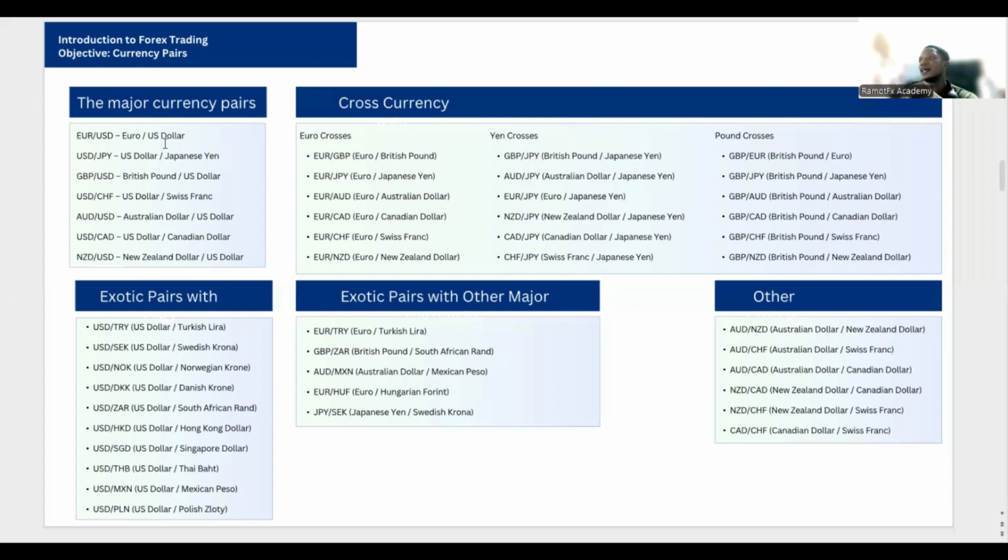The exotic pairs are very, very volatile. Any small news will make them boom, or when you open them, the ask price that your broker is asking will be very, very wide. So I don't encourage you to go into exotic pairs. The ones I want you to go into as a complete beginner are the major currency pairs, guys.